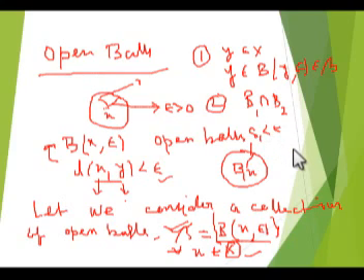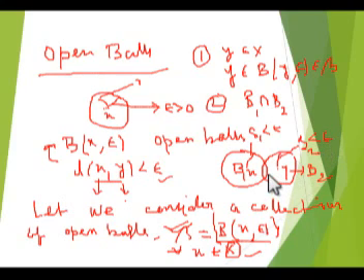Again I am taking another open ball b2 at the point y, with radius delta 2, which is again less than epsilon.